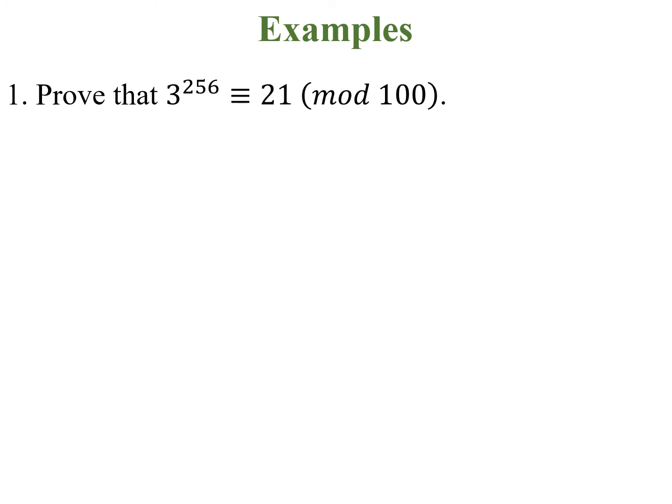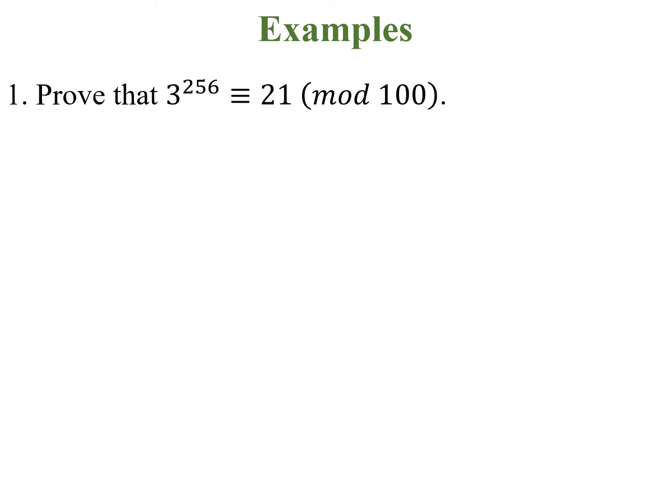First of all you have to find phi of 100, because Euler's theorem says that if n is a positive integer and a is coprime to n, then a raised to phi of n is congruent to 1 modulo n.